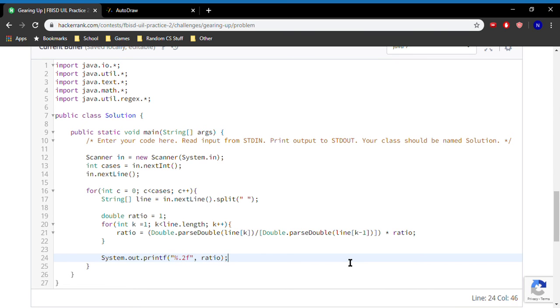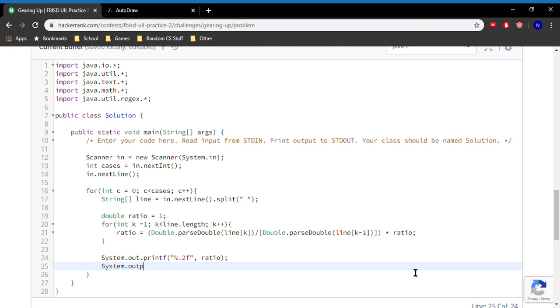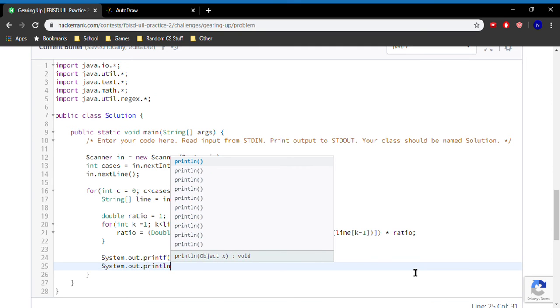If you don't know print formatting, all this does is take ratio, which is a double, and format it so that it has 2 decimal places. So like 3.057, or if we had 3, that would become 3.00, just so that it has 2 decimal places. And then we just want to add the last part, the :1, that shows that it's a ratio.